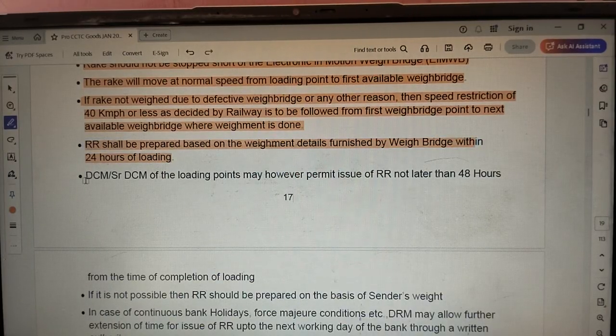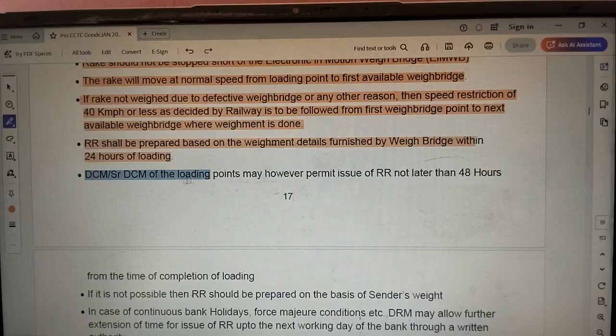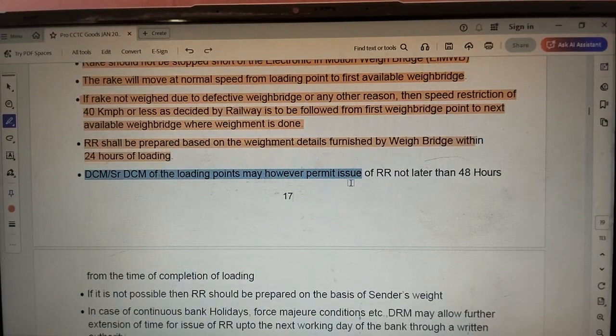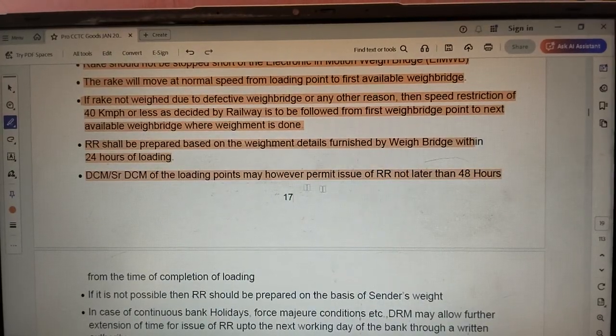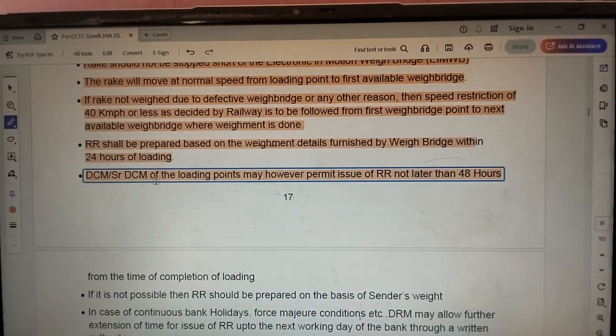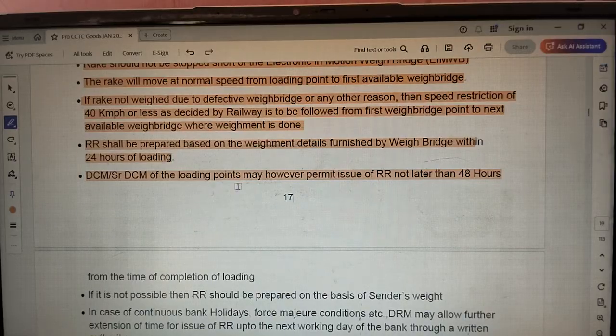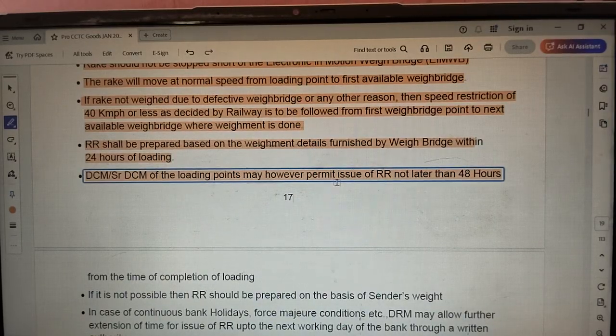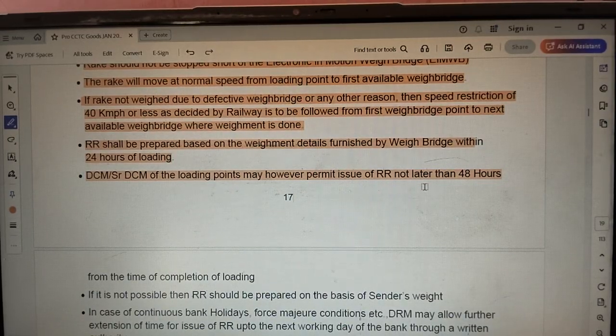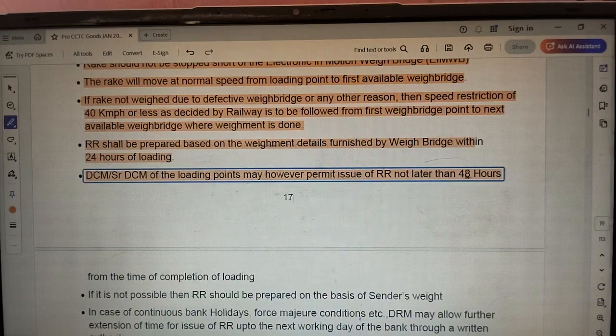Please note this. DCM or senior DCM of the loading point may however permit issue of RR not later than 48 hours.